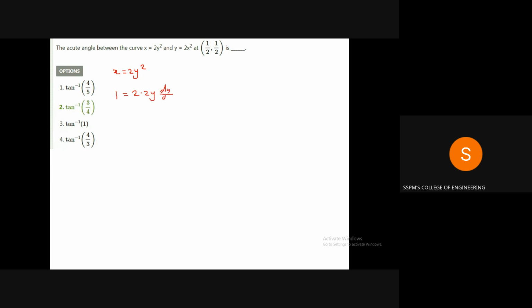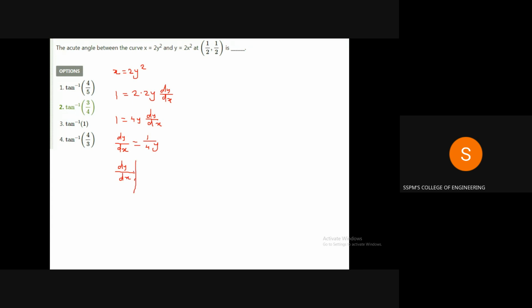This 2 is constant, and the derivative of y square is 2y dy by dx. So 1 is equal to 4y dy by dx. That is, dy by dx is equal to 1 divided by 4y.